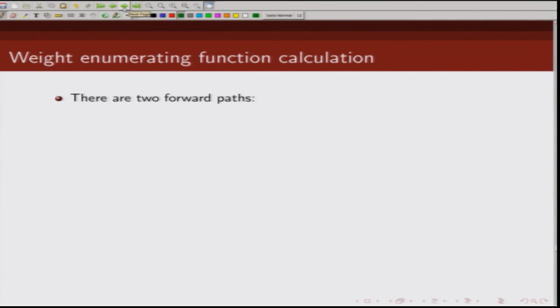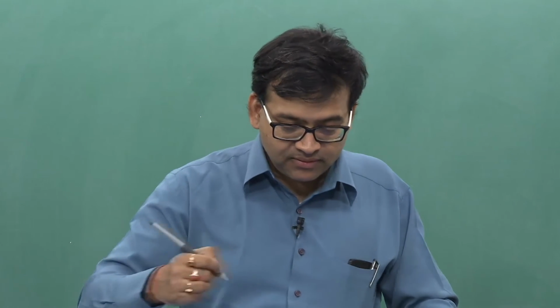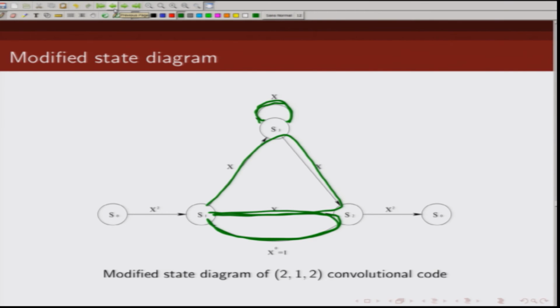Next, we are going to find out what are the forward paths. There are 2 forward paths in this, and let us use a red color pen to show them. Remember, what is a forward path?